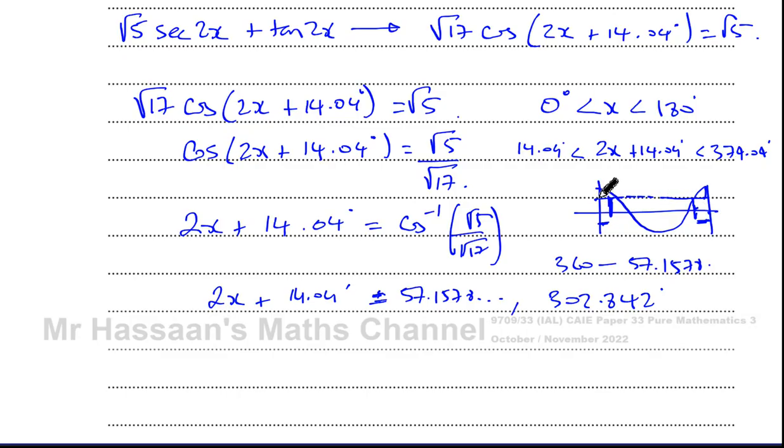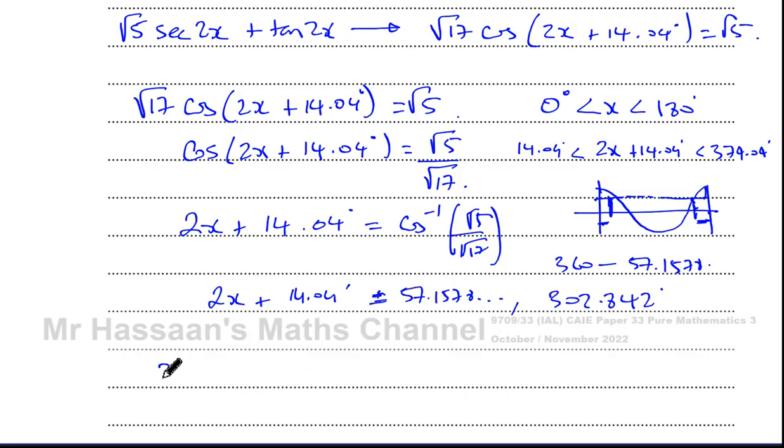From the symmetry of the cosine curve, the angle that the calculator gives you, 360 minus that will give you the other place where you get the same ratio. For the sine curve, it's 180 minus that. And then after that, they repeat every 360 degrees. In this case, if you add 360 to these, you're out of the range. The range goes up to 374. And if you take away 360 from these, again, you're outside of the range. We have to start from 14.04. So these are the only two solutions.